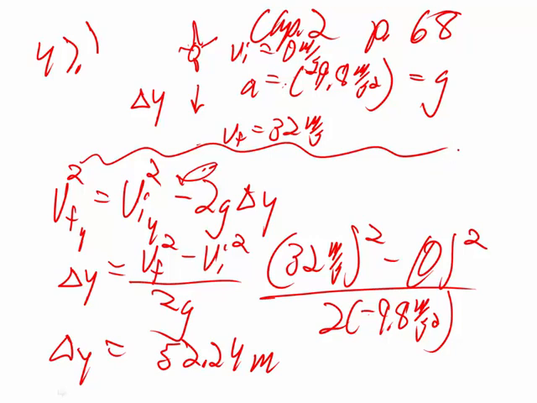If you were to draw this on a Cartesian coordinate like this, and you say the bird's right here, this is where it starts initially. So its initial Y is 0, and it's going to go all the way down to the surface of the water.